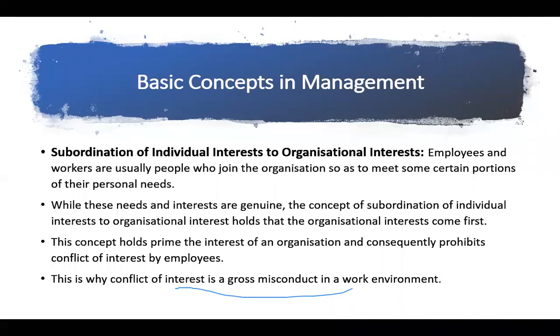So this gross misconduct, coming from insubordination of individual interest over organizational interest, comes in many ways. In fact, in certain studies, it was discovered that many employees don't even know when they are guilty of this conflict of interest.